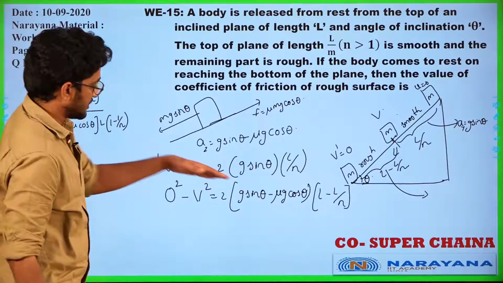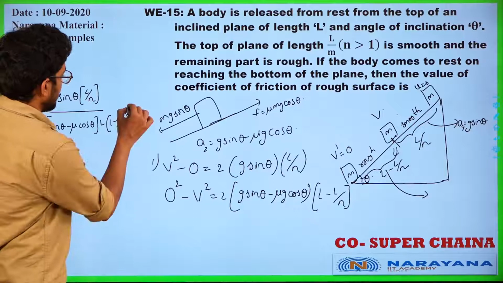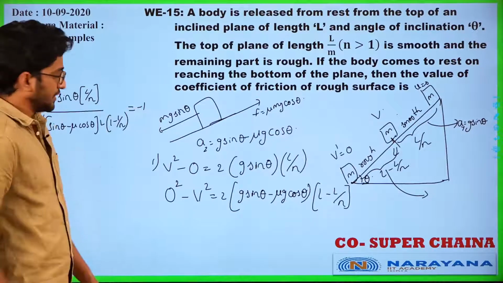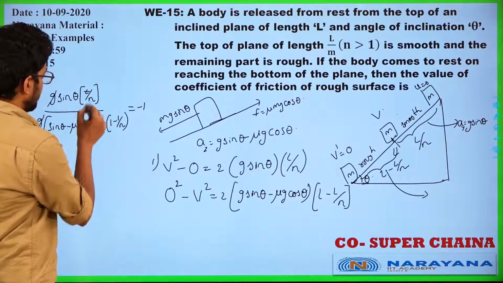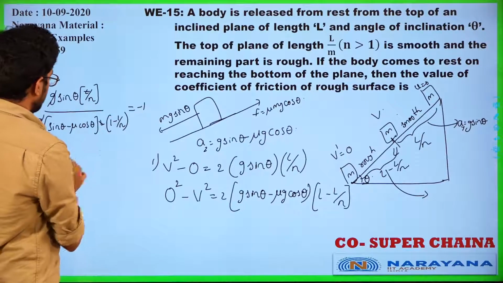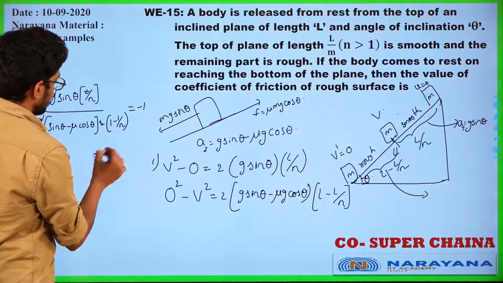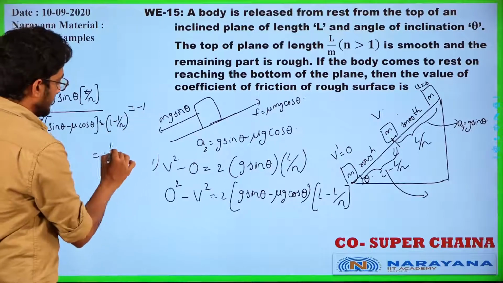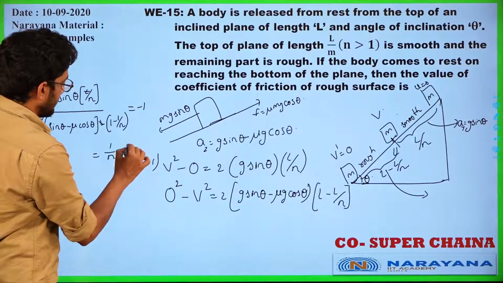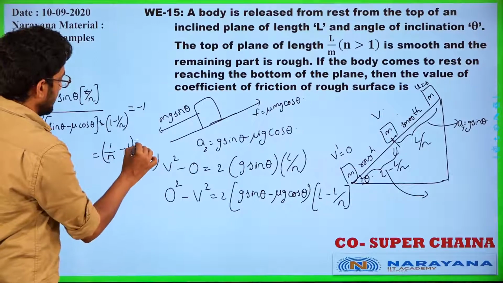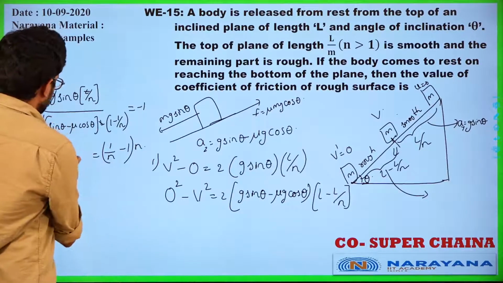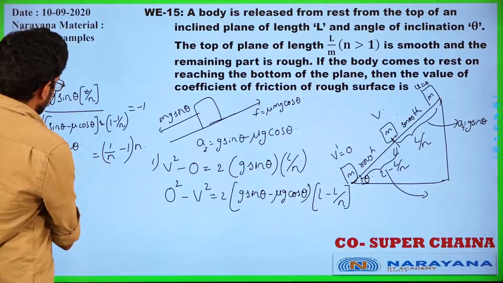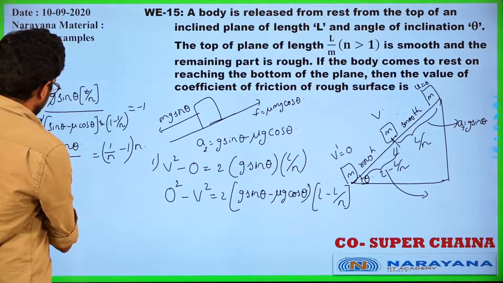That equals the ratio here, which is minus 1. Again L also gets cancelled. We get 1 by n by (1 minus 1 by n). After multiplying with minus 1, it becomes 1 by (n minus 1) into n. Taking this 1 by n to this side, that becomes simply sin theta by (sin theta minus mu cos theta).